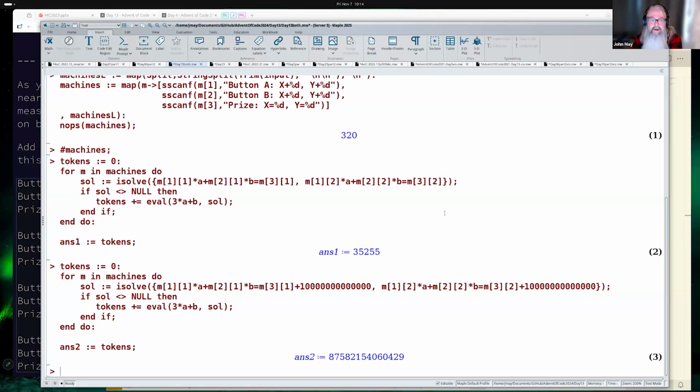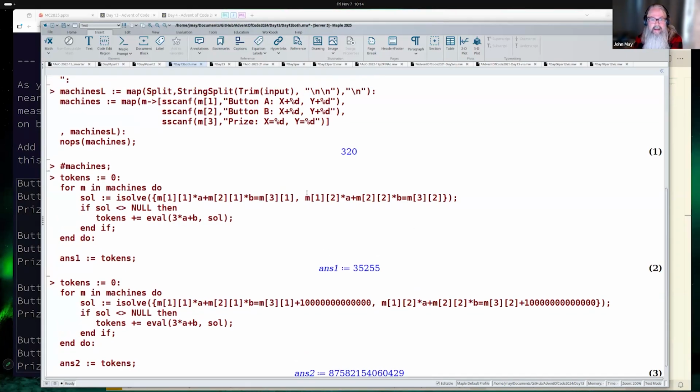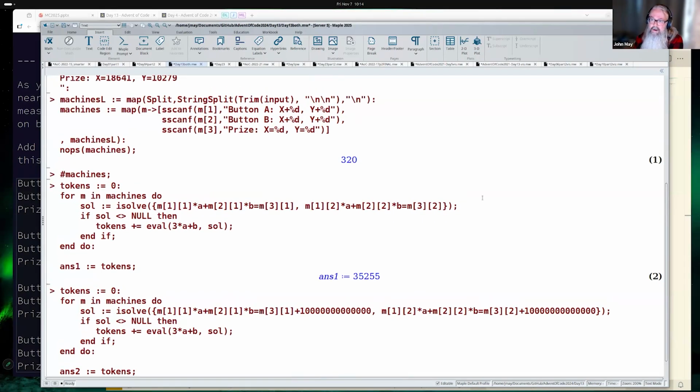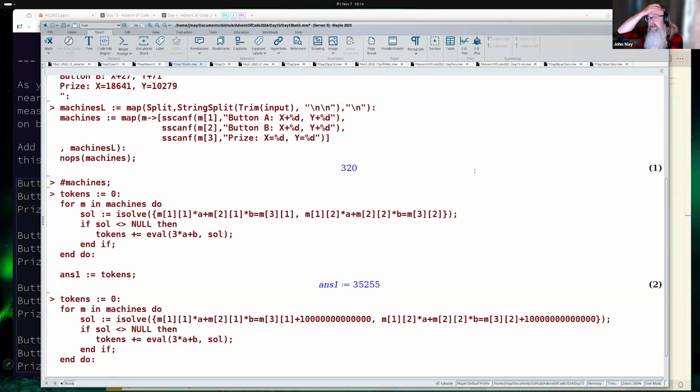In particular, none of these problems were zero positive dimensional, so there weren't an infinite number of solutions and you didn't have to find the smallest solution.